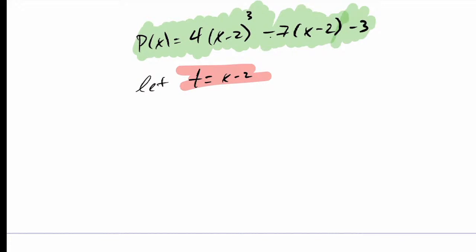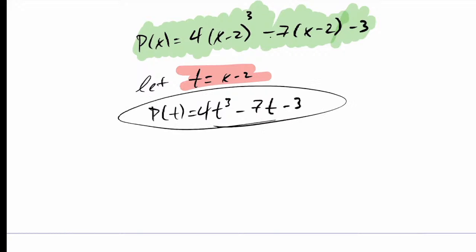Okay, so mystery person, for this question the idea is if you do a substitution and let t be x minus 2, you got yourself a degree 3 polynomial. And then you can break this down using synthetic division.